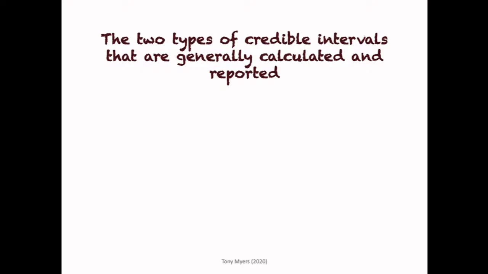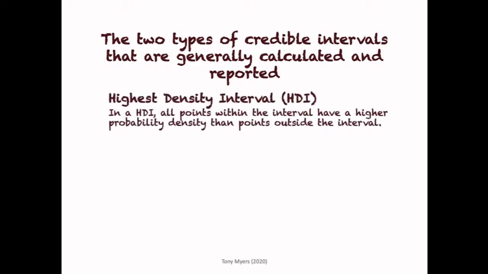So the two types of credible interval generally calculated and reported are the highest density interval, or HDI, sometimes called the highest density posterior interval or highest posterior interval, and in the HDI all points within the interval have a higher probability density than points outside of the interval.